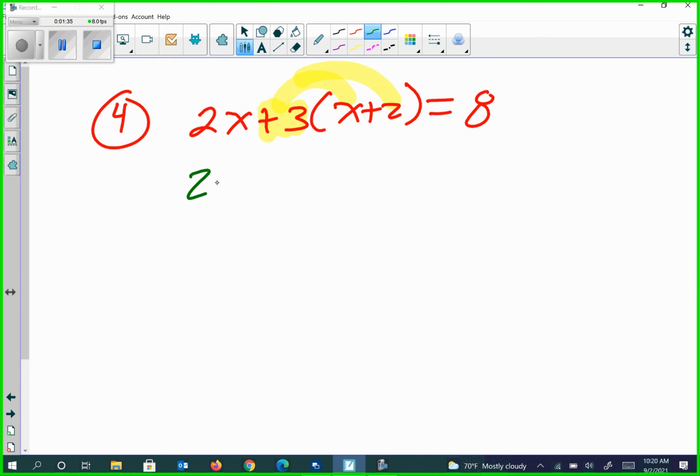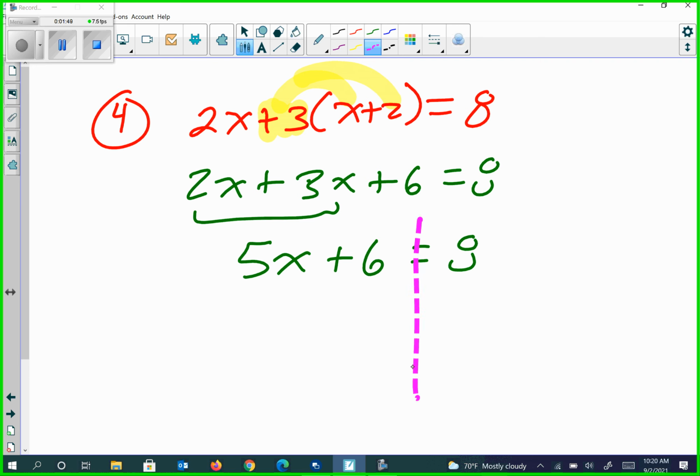So it's going to give me 2x plus 3x plus 6 equals 8. Those are like terms, so we can add those together. And then we can go ahead and start moving things back and forth. Subtract 6, subtract 6. Those cancel. And then divide each side by 5.